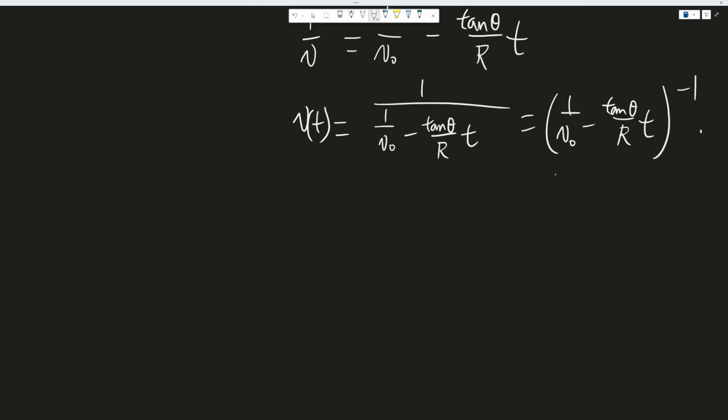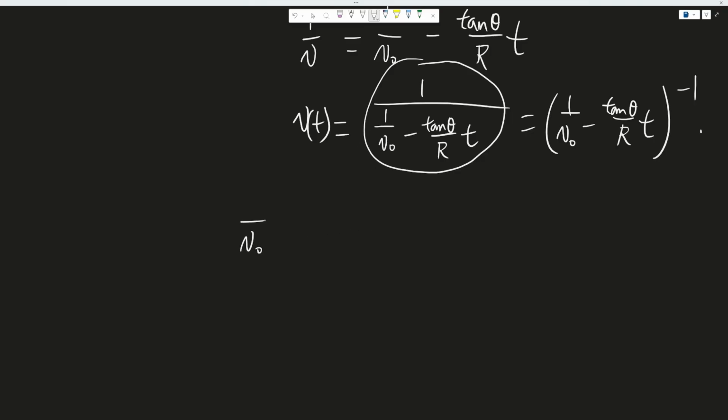Now what is the special value of time here? Let's look at this expression. When the denominator becomes 0, v goes to infinity. And that's a special value.